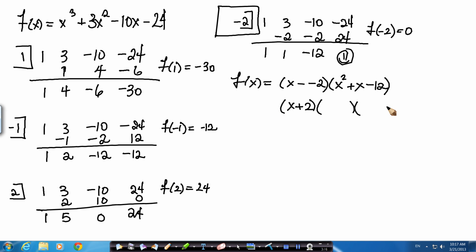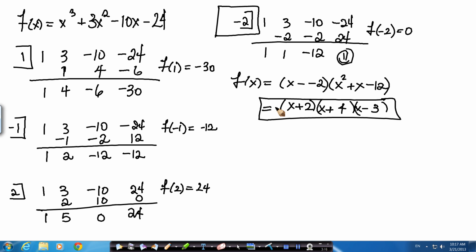And we can factor x squared plus x minus 12. What multiplies to get 12 and subtracts to get 1? Well, our answers are 4 and 3, right? Now, this needs to be positive, so the 4 needs to be positive 3. So now, we have factored our polynomial.